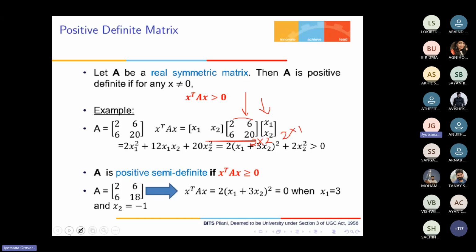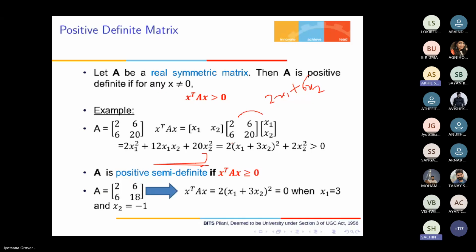You tell me, I'll write. You multiply these two first, so 2x1 plus 6x2, and then 6x1 plus 20x2.